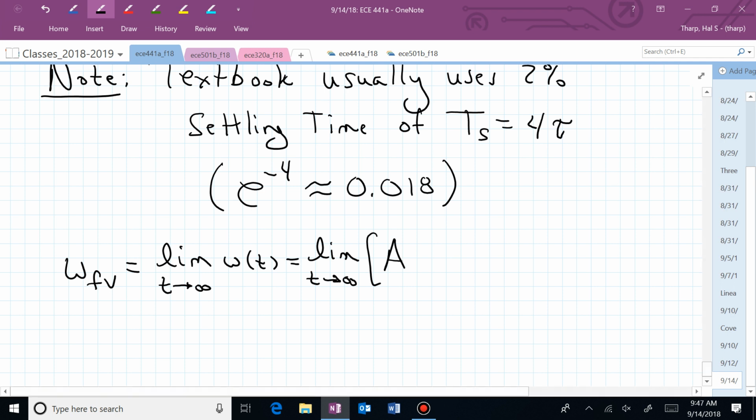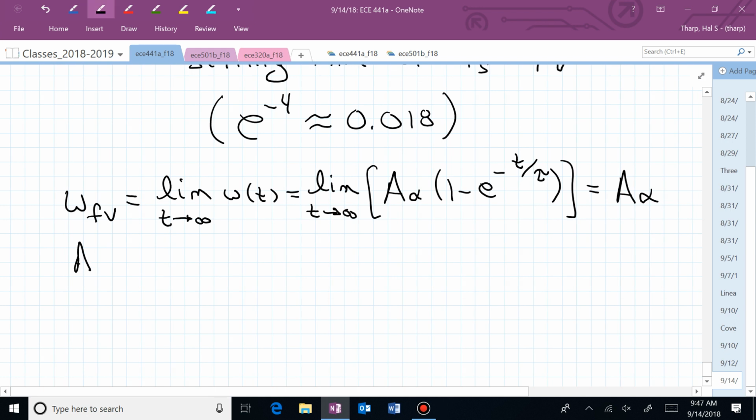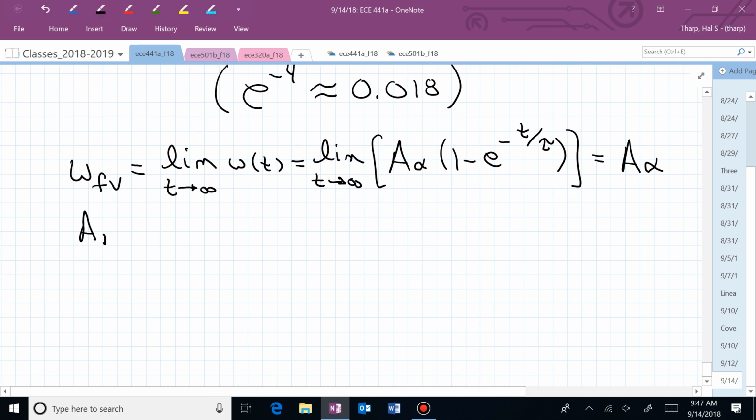That was A alpha times 1 minus e to the minus t over tau. And what does that equal when you let t go to infinity? The second term in that bracket vanishes and we're left with A alpha. So now if we called this omega sub final value, we have alpha.